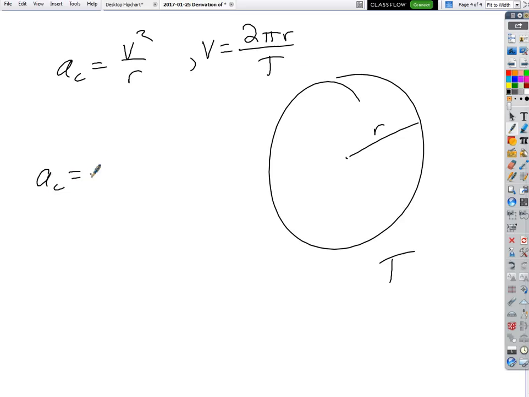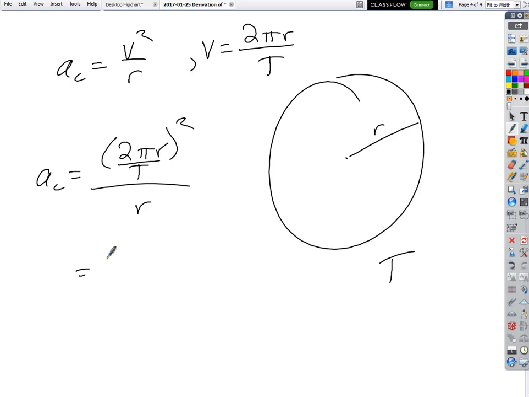So centripetal acceleration would equal the quantity 2 pi r over T, squared, divided by r. If I square a quantity like this, I have to square all parts of it, agreed? So what's that really going to equal?